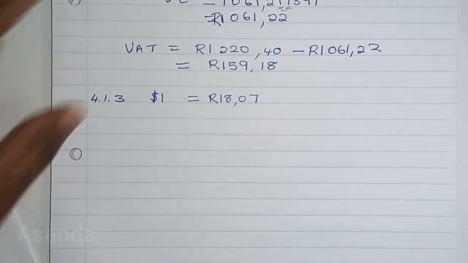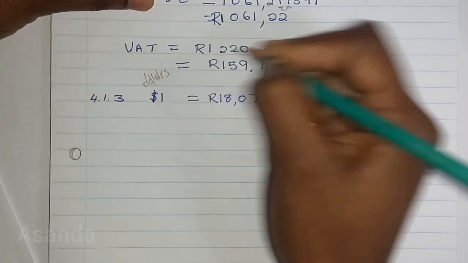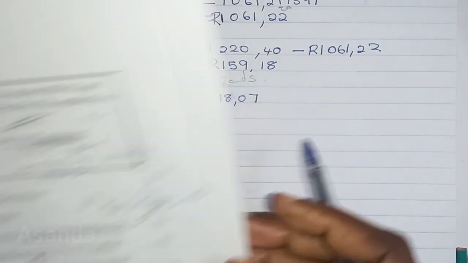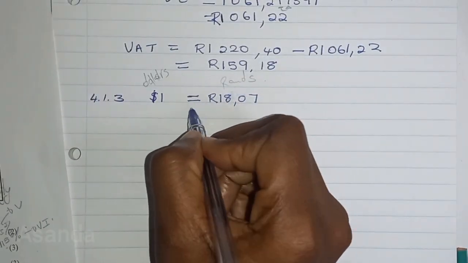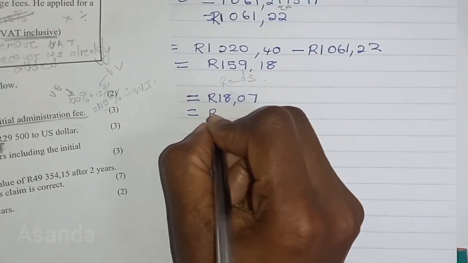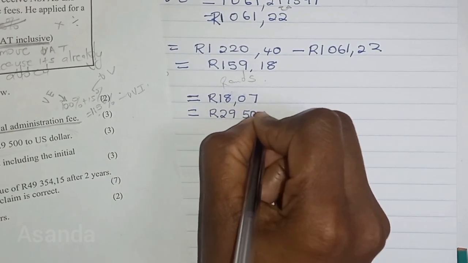I'm just going to quickly note that I wrote dollars this side and I wrote rands this side. Now at the bottom, I'm going to write another is equal to. I have rands here, so I write them on the side of the rands. How many rands? 29,500 rands.